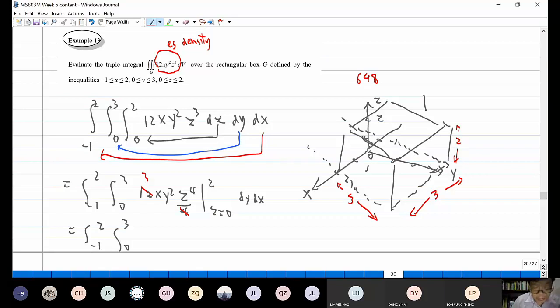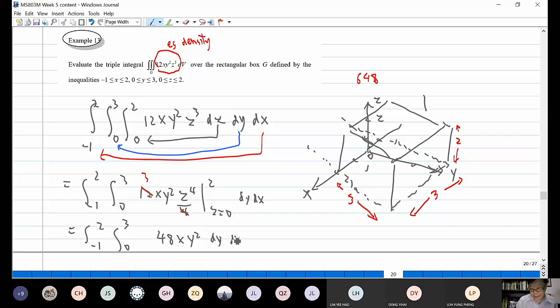Okay, put z equal to 2, you get 2 power 4 is 16. 16 times 3 is 48 now. So this is actually 48 x y square dy dx.